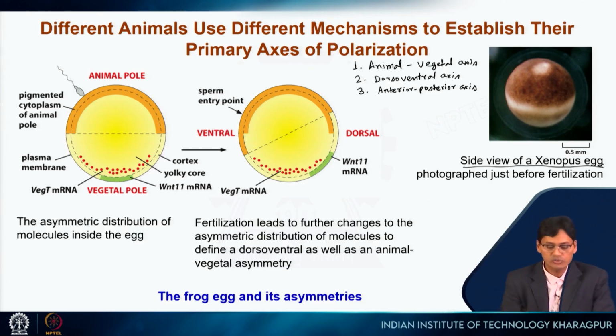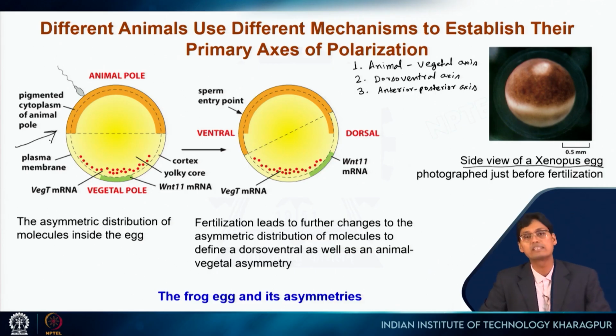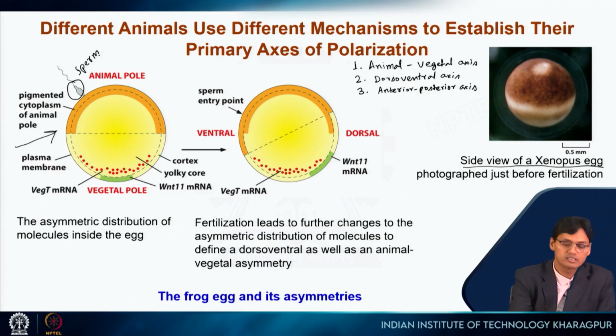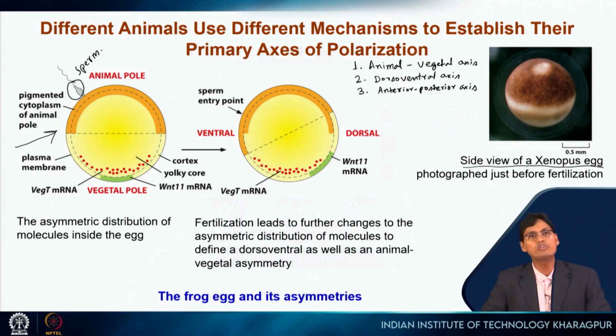Here is an egg of Xenopus, a frog egg, and here is the sperm. Even before fertilization, you can see some asymmetric distribution of molecules inside the egg.